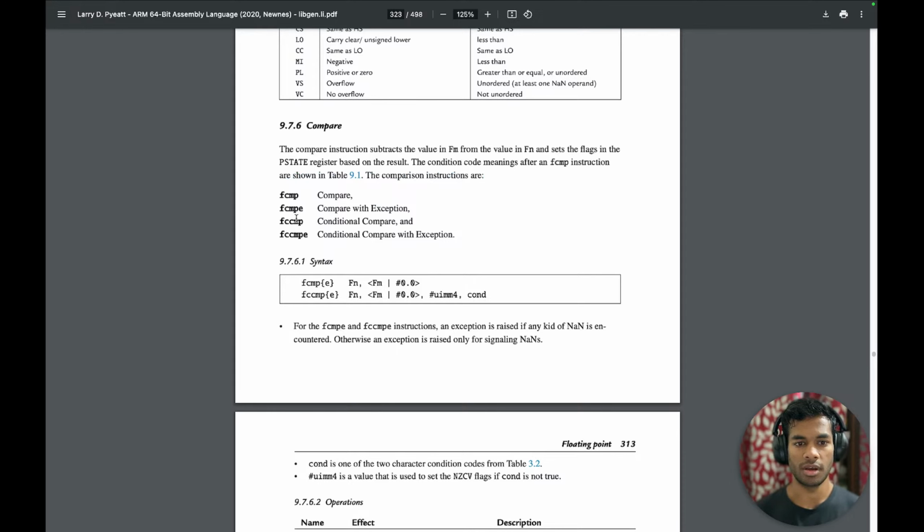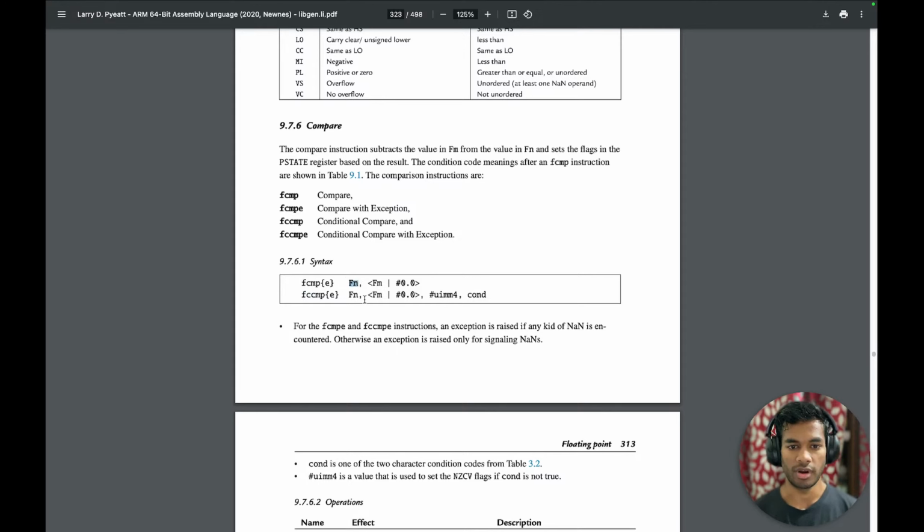Compare with exception, compare with positive infinity, conditional compare. Okay, FCCMPE, conditional compare with exception. That is crazy. Okay, I can floating compare with E, an option where E means exception, or I can conditionally compare.